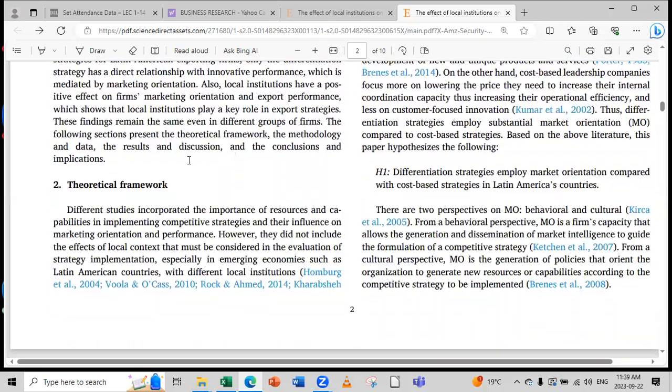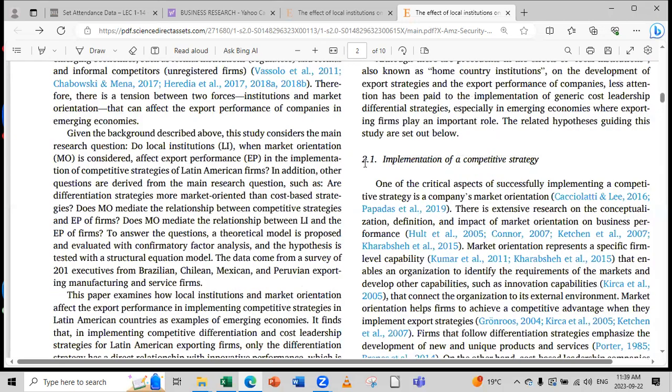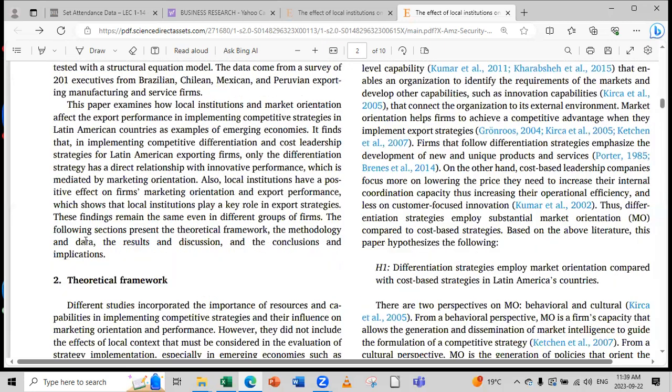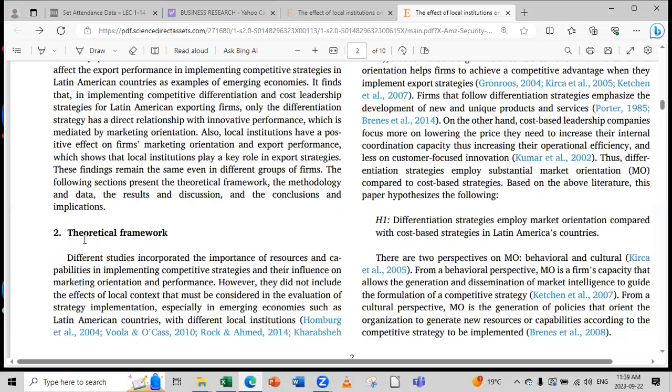The second is the theoretical framework, and he divided it into 2.1. So two here is the theoretical studies, or you can say theoretical or literature studies. Some researches you will find use the word literature studies.